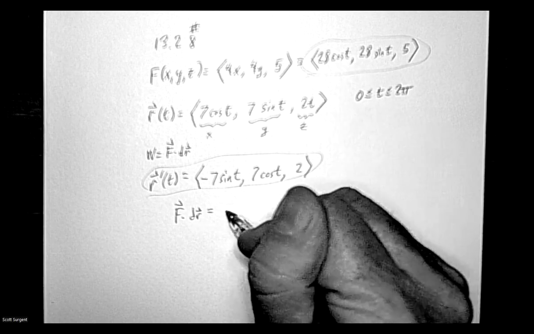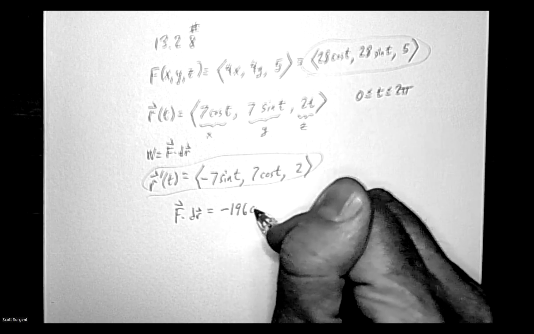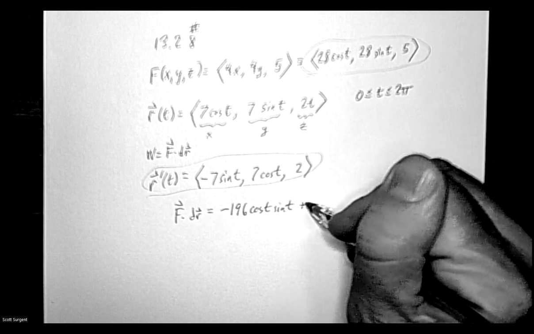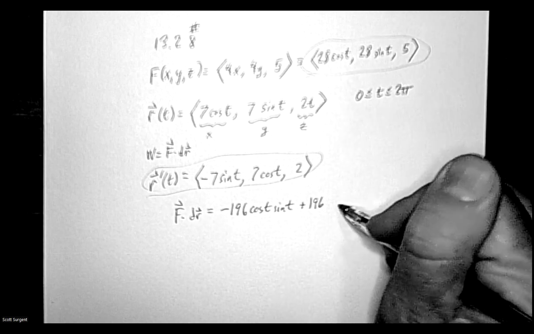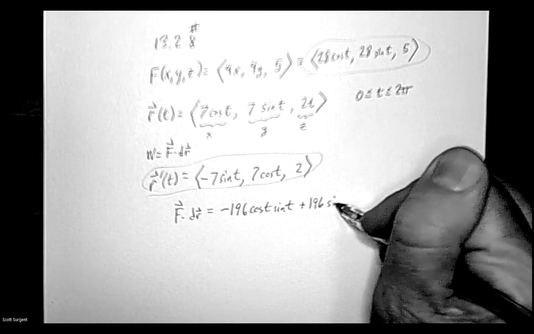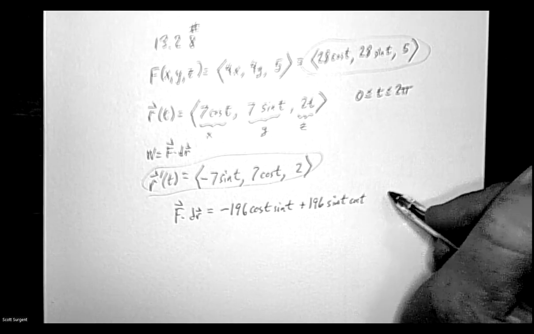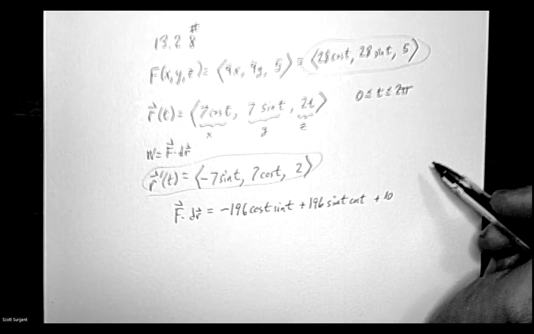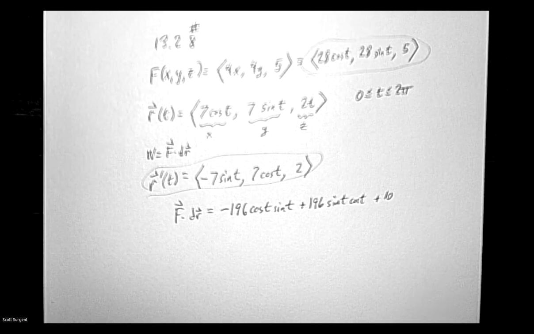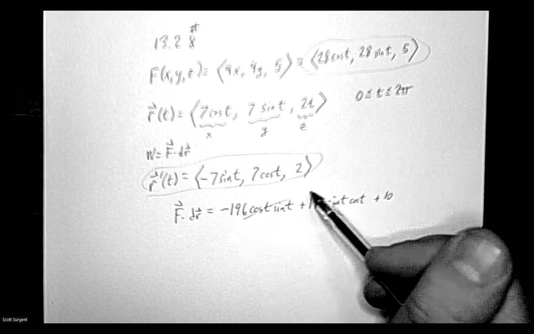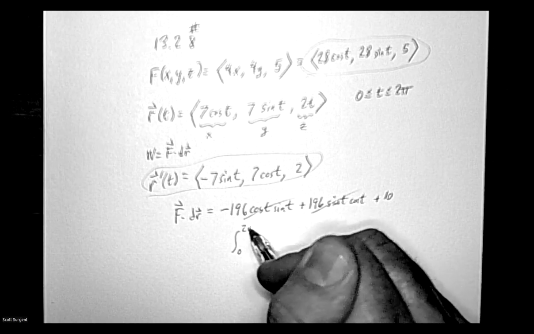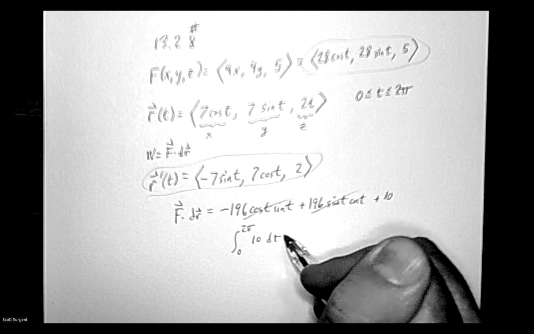So this with this is negative 196 cos t sine t. Then we're going to get plus 196 sine t cos t, so same thing, plus 10. So that just cancels out real fast, and the rest are just 10. So you're integrating from 0 to 2 pi of 10 dt.